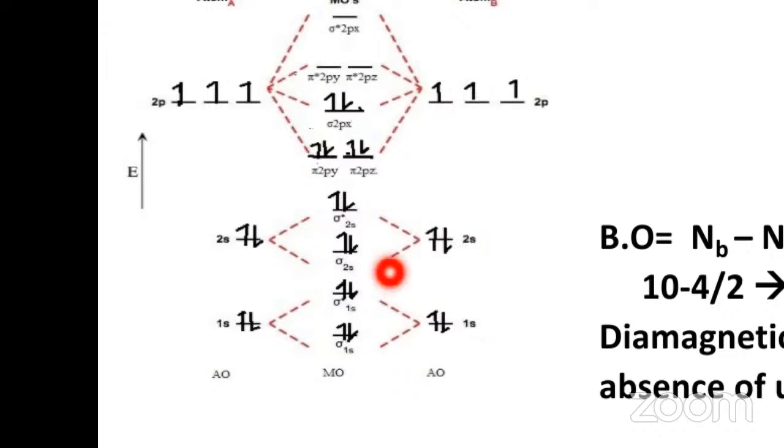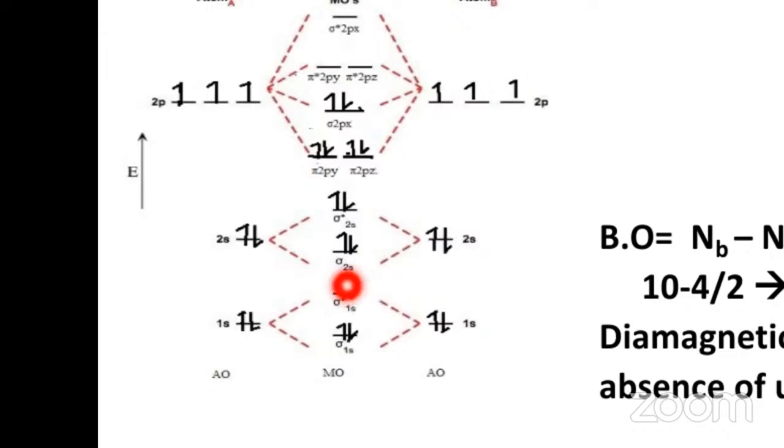Now you fill these molecular orbitals. Here it has 4 electrons, so the first 2 electrons enter the bonding molecular orbital. Next electrons enter the anti-bonding molecular orbital sigma star 1s. Then 2 electrons enter the bonding molecular orbital sigma 2s.